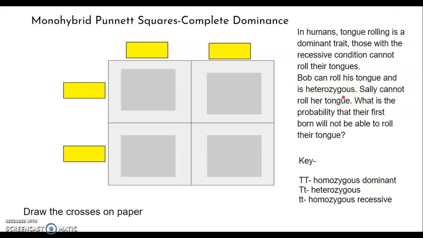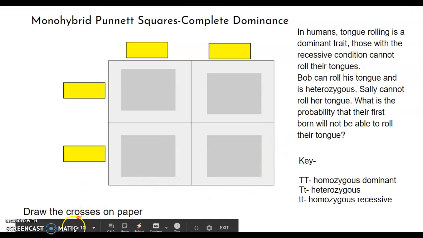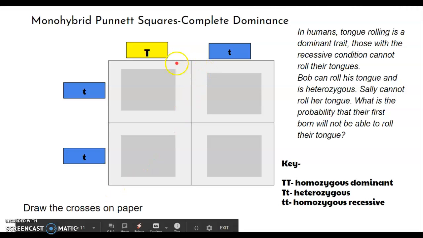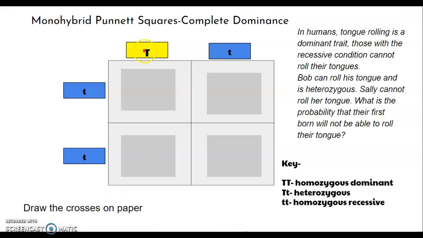So if you haven't paused the video and tried to solve that yet, I want you to do that now. And I'm going to follow through and show you the answers. So you should have had Bob as heterozygous and Sally as homozygous.